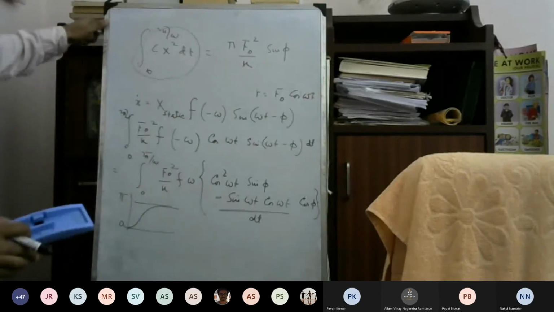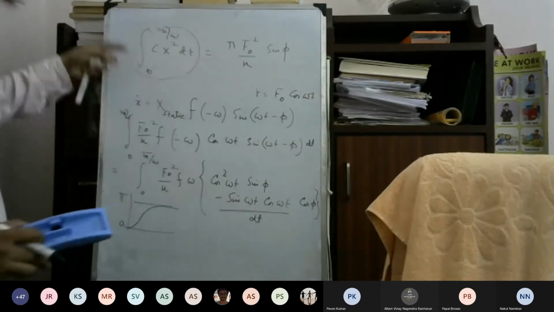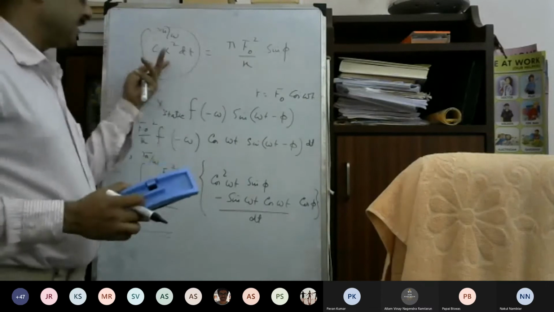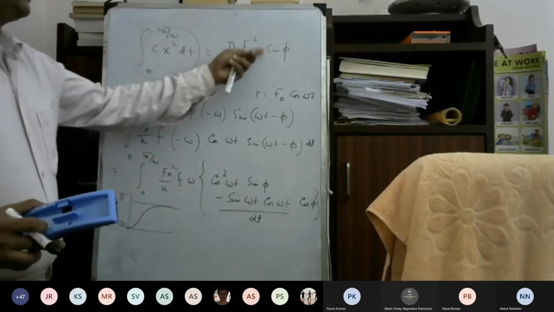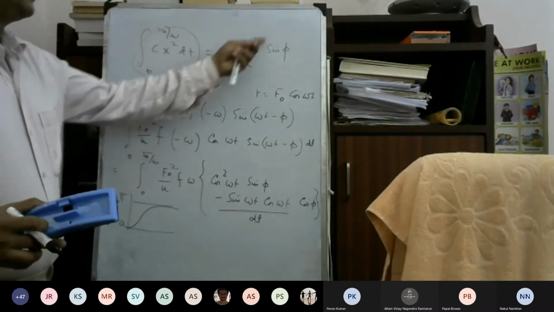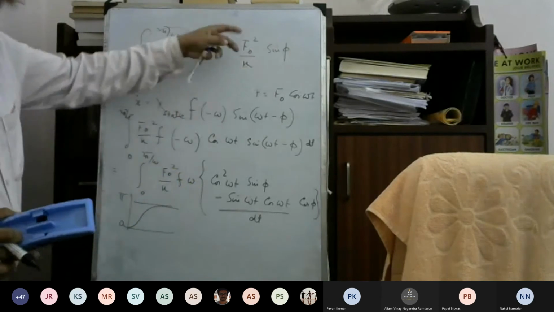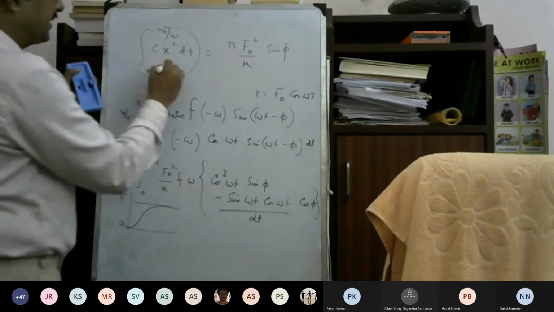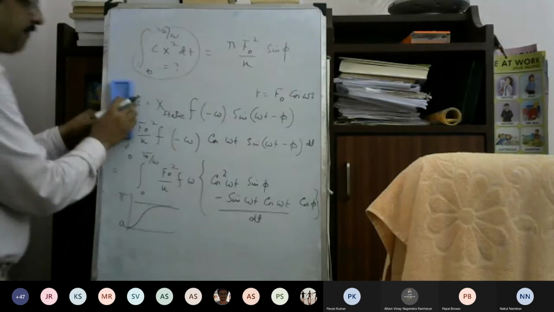Okay, this is the kind of energy balance we are seeing: the energy is dissipated over a cycle and the same energy is supplied by the force. Now let us see what is the implication of this part.